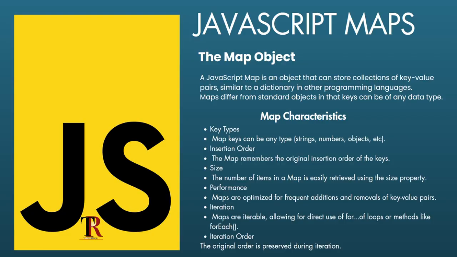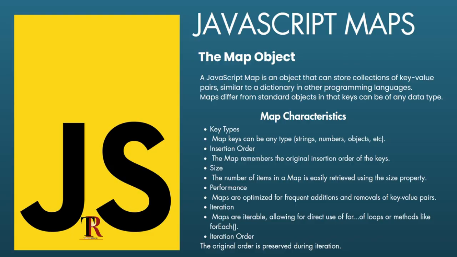And so the map object also is an object that can store collections of key-value pairs, similar to a dictionary in other programming languages. In a programming language like Python that uses a dictionary, it's able to store key-value pairs in that dictionary. In the same way, in JavaScript, the map object can store key-value pairs as collections.